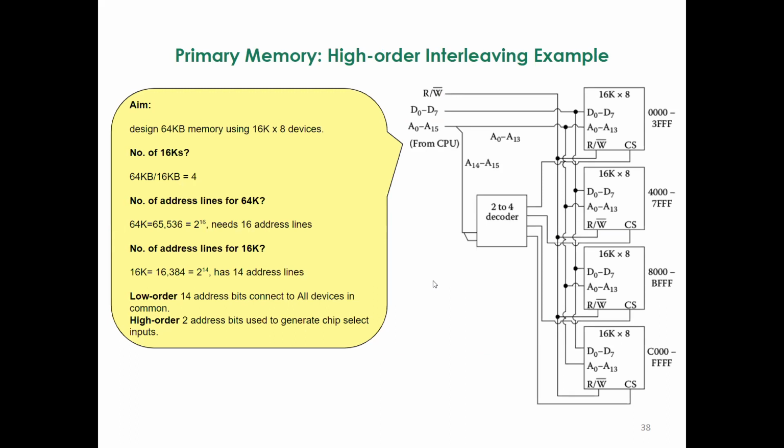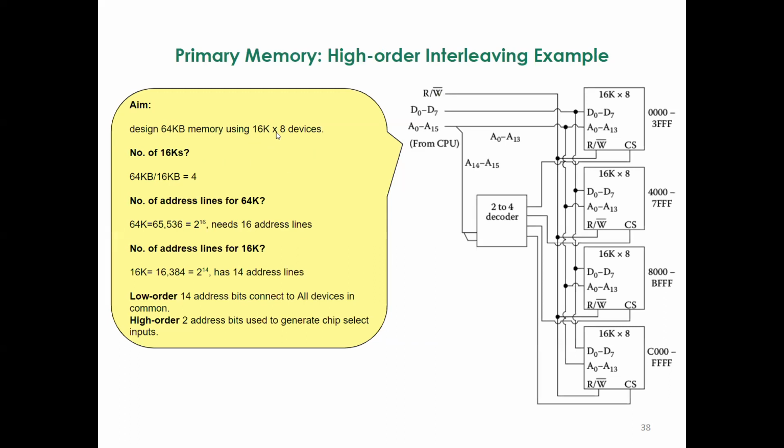So here's an example. Let's say the task is to design 64 kilobytes of memory using 16 kilobyte small blocks. So you have the goal of building 64 kilobytes, and the smaller chips you have are 16 kilobytes. Firstly, you determine how many of these small modules you need. You simply divide 64 kilobytes by 16 kilobytes, which gives you 4.